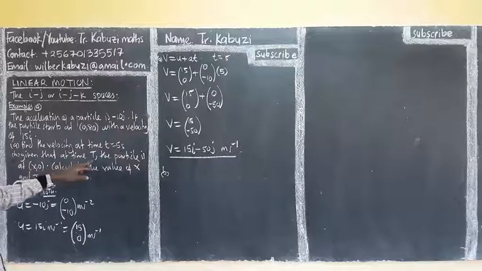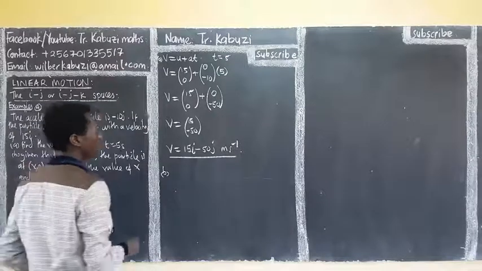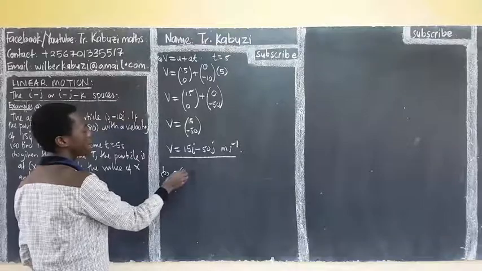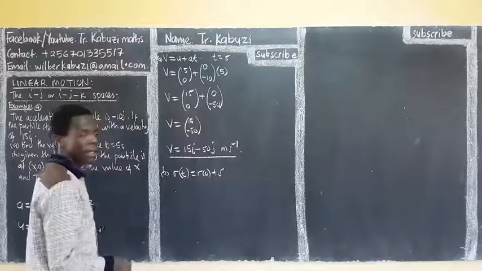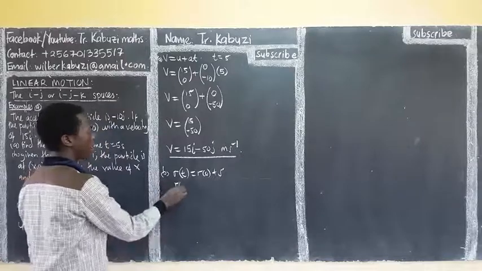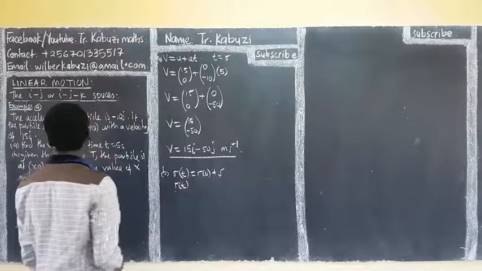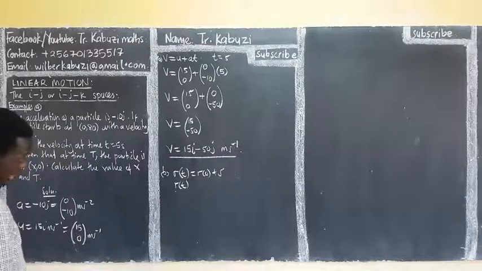given that at time t, the particle is at this, under the value of x and t. Now here we are going to bring displacement beside it. Our displacement at t is always given by r of t equals r0 plus s, the displacement there. So what is our s? We can easily get our s first.